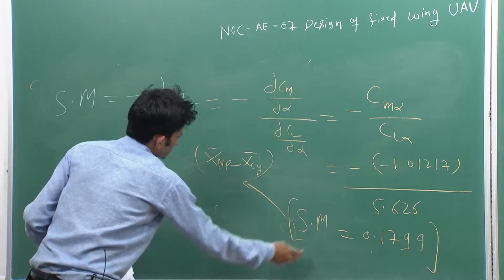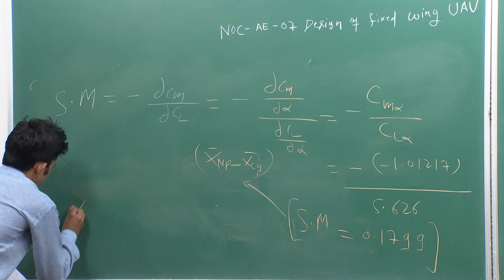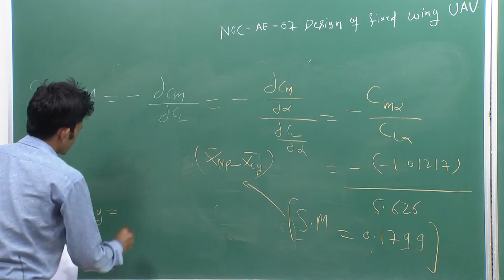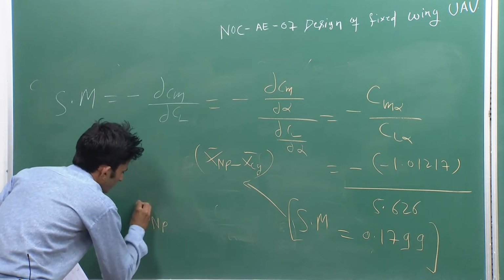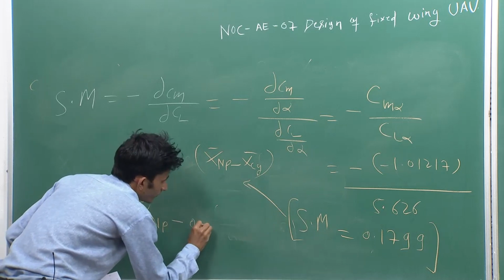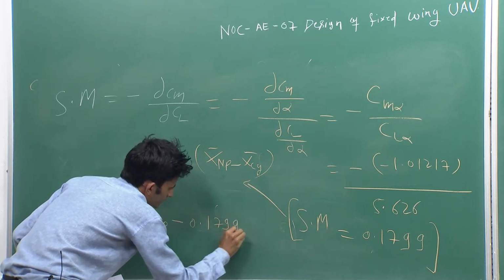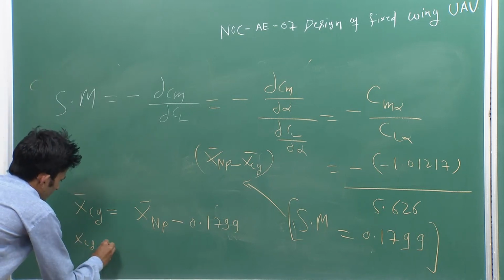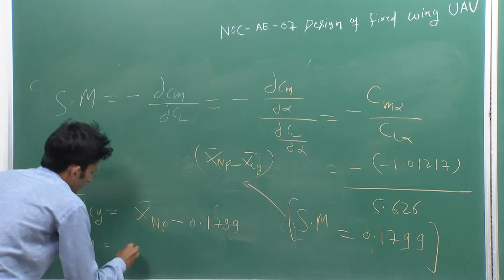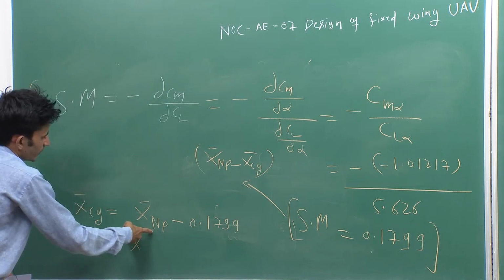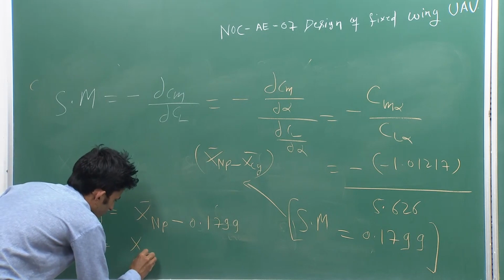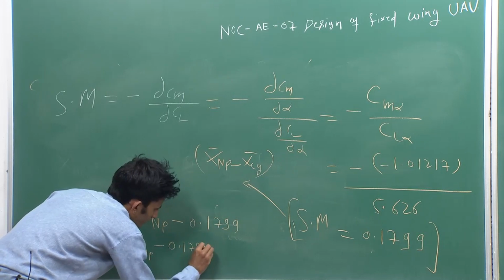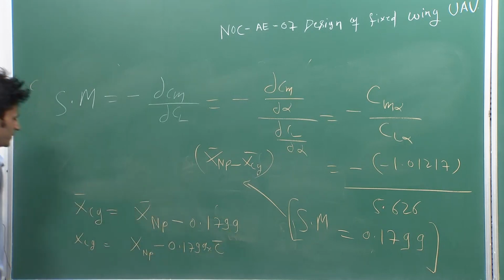So xCG bar is nothing but x neutral point bar minus this 0.1799 static margin. You can write xCG by C, and multiply C on this side. You can write x neutral point by C, so C will cancel, so x neutral point only will be there, and 0.1799 multiplied by C bar, right.